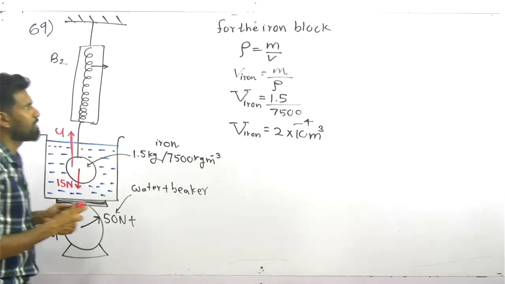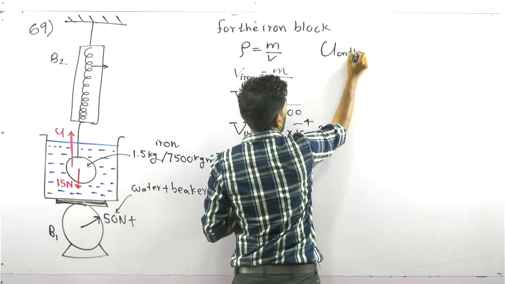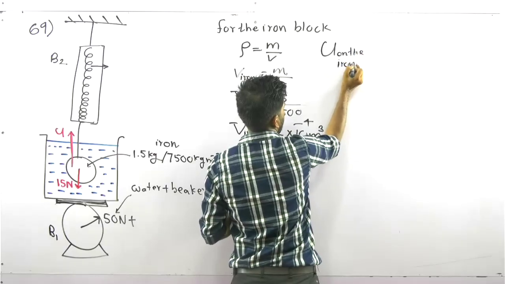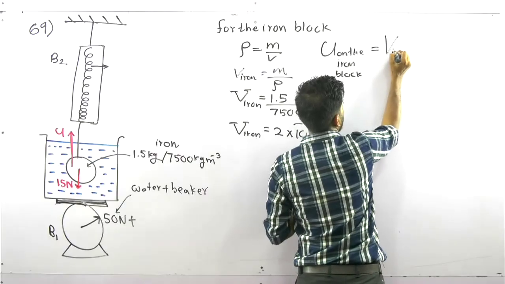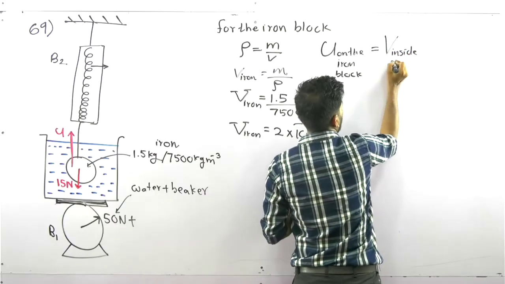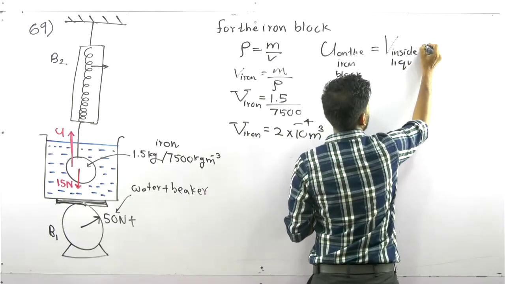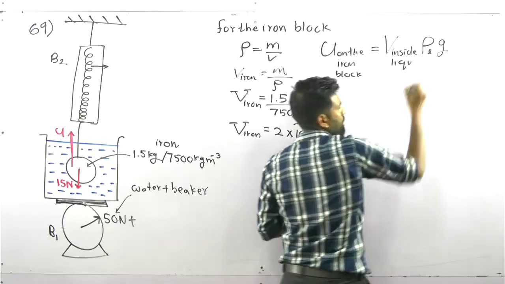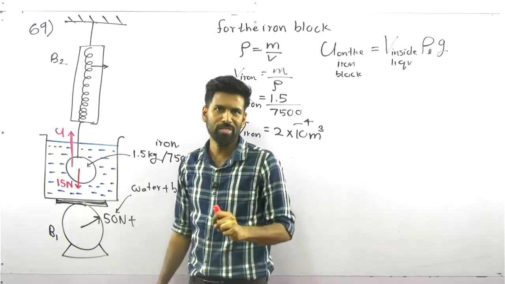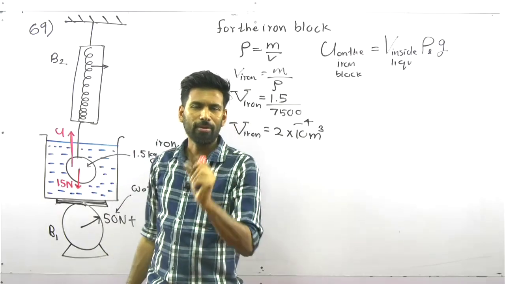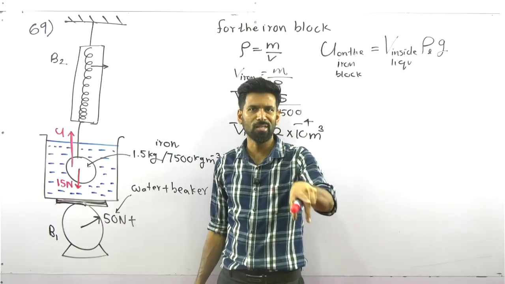Upthrust on the iron block is volume inside the liquid times liquid density times g. When an object is inside the liquid, the upthrust force starts. To calculate it, you have to consider the volume of the object inside the liquid.